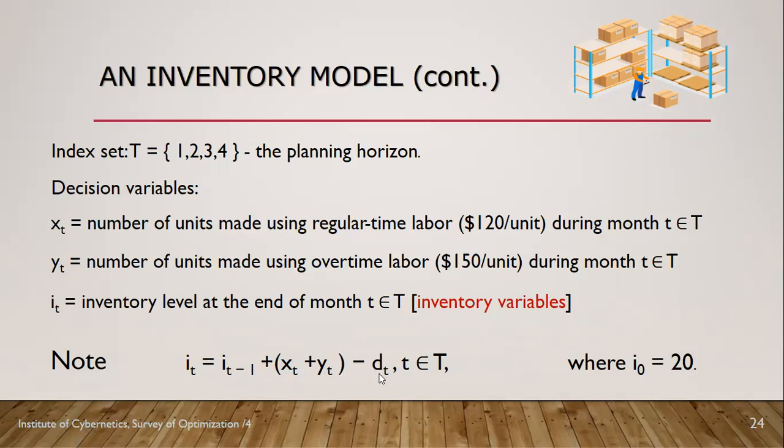minus the number of units sold, which is the demand, and again, that is a fixed value which was introduced in the input information. So therefore, the general relationship for the inventory level in the t-th month can be expressed as I sub t equals I sub t minus 1 plus x sub t plus y sub t minus d sub t.